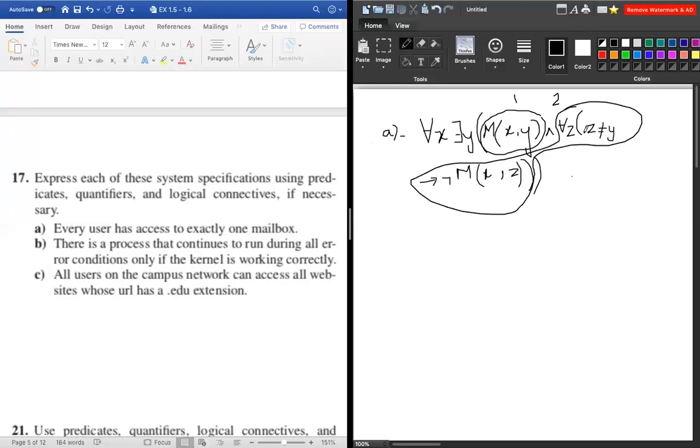We're saying if Z is not the same person as Y, then X does not have access to the mailbox Z. This combined means that we're talking about exactly one person.